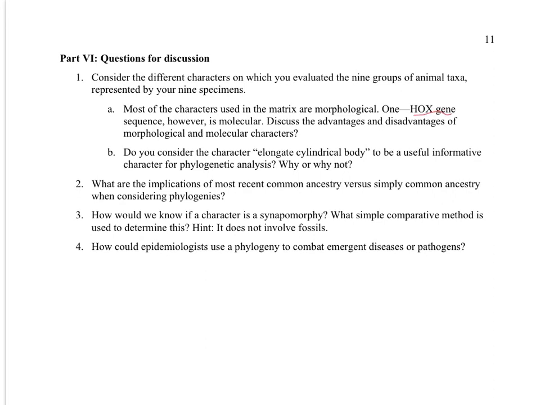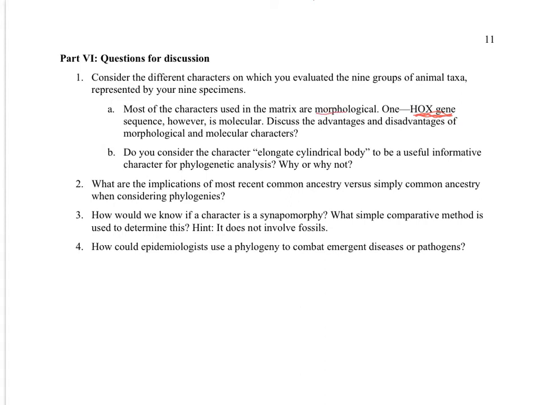There's this gene sequence that specific types of animals have that they call the Hox gene. It has to do with particular taxa having evolved from a common ancestor. This is molecular data.